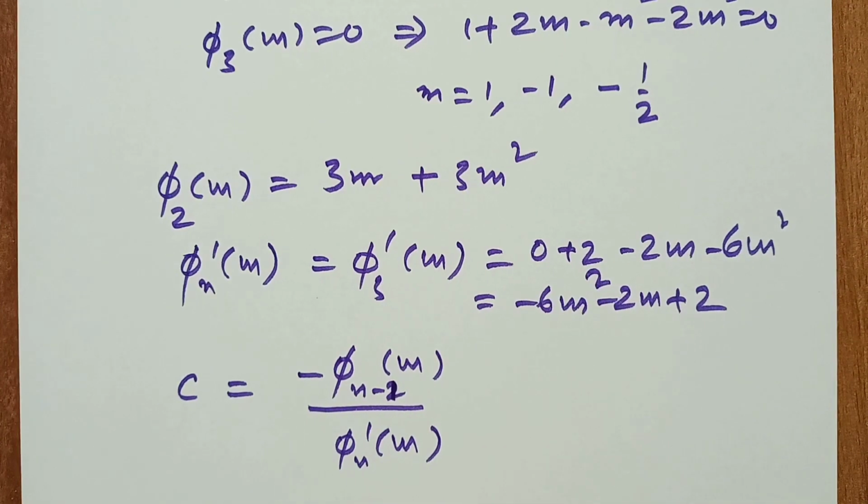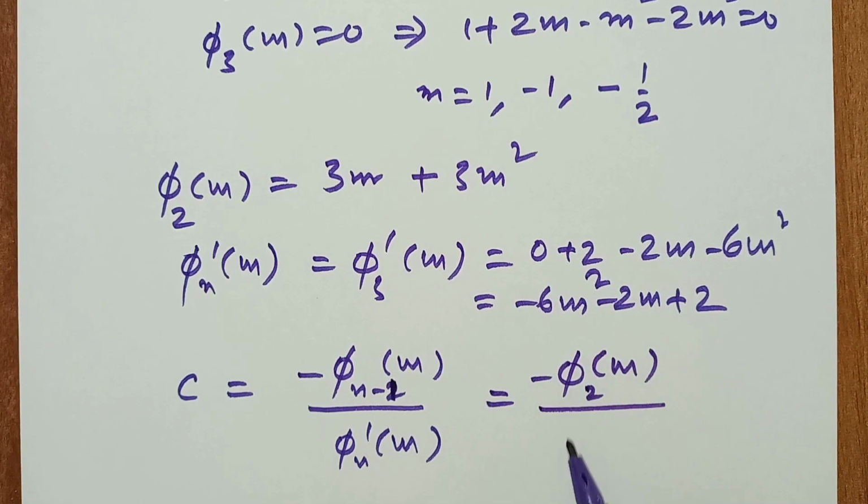We calculate the value of c by the formula minus phi n minus 1 m upon phi n dash m. So this is minus phi 2 m upon phi 3 dash m.